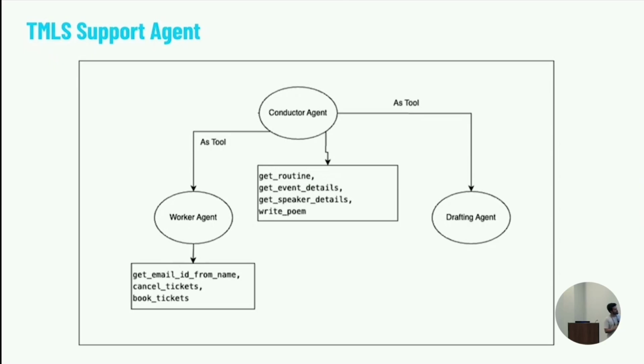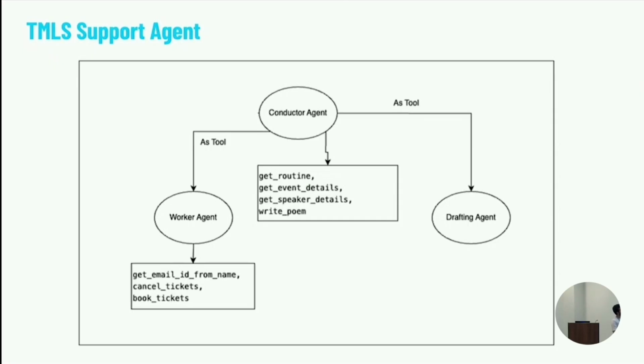Beyond this, there is also a custom tracing processor that I've written that can help you get all information about the communication happening between agents. So you can see which agent called what agent with what tools, what arguments were passed, and everything while using the OpenAI Agents SDK. So what we are essentially going to see now is there is a conductor agent.